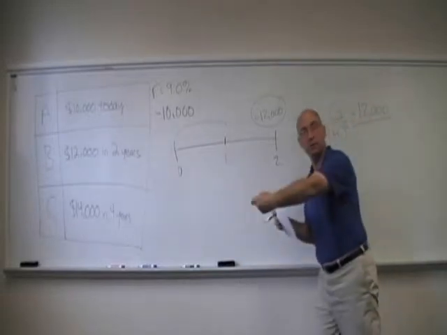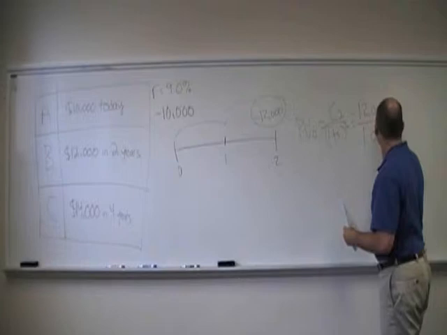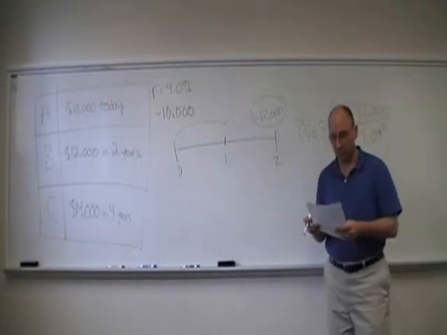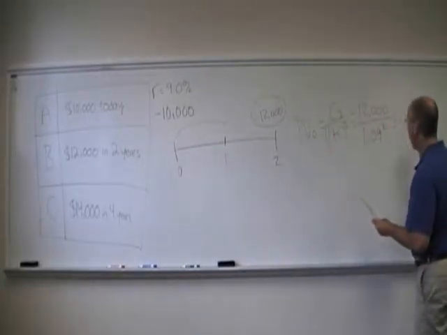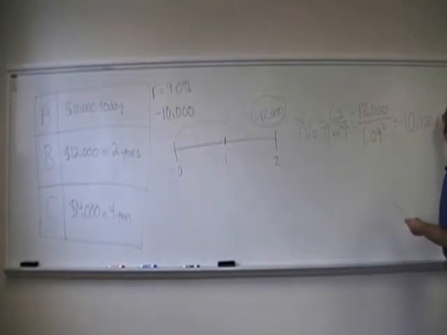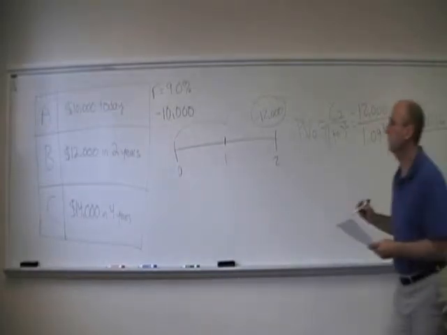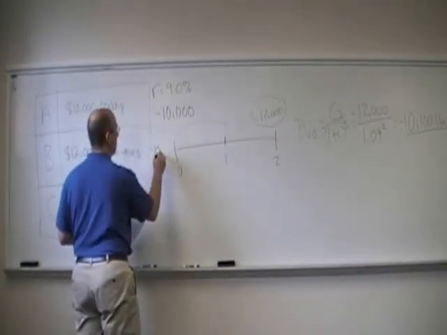We're going to be paying 12,000 in 2 years, divided by 1.09 squared. And if you punch that up in your calculator, you get negative $10,100.16.